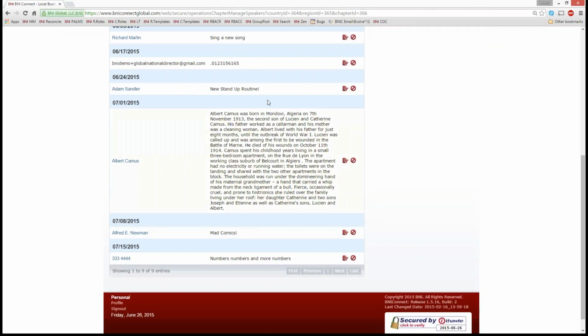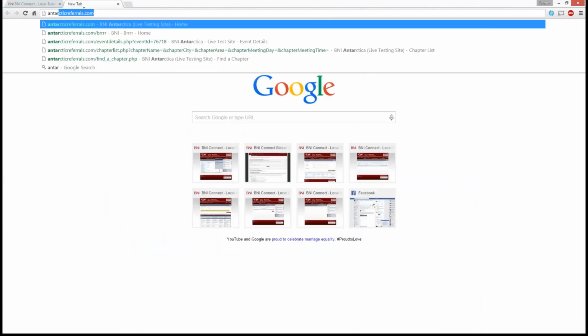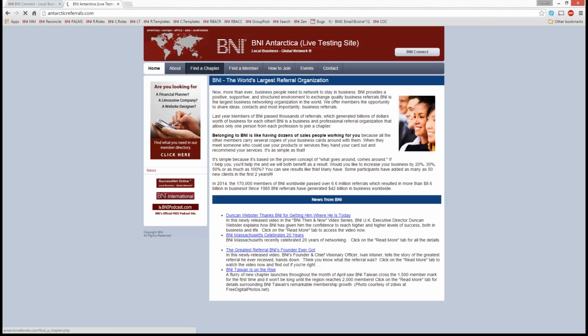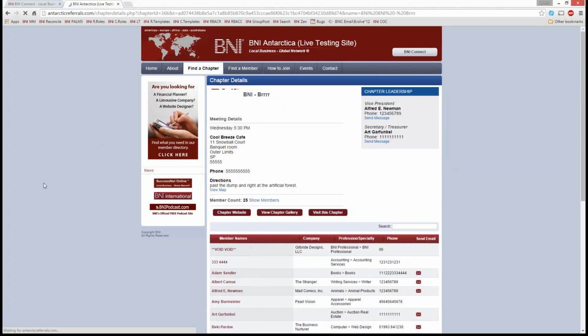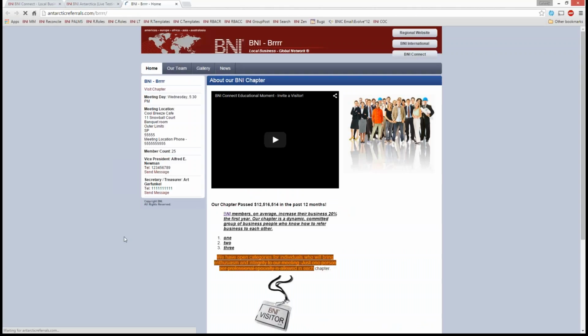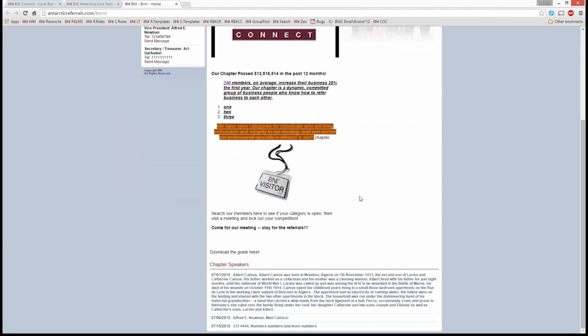In addition to that, all of these names, the names for the next 4 weeks, will appear on the chapter website. So if I go to my antarcticreferrals.com, I'm going to go to find a chapter and go to the Burr chapter here. If I go to this chapter's website, now you can see I messed up the website a little bit doing a demonstration, but one thing that is at the bottom of this page is all of the upcoming speakers for the next month.